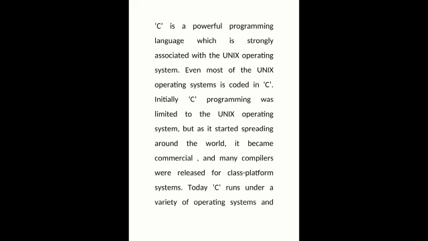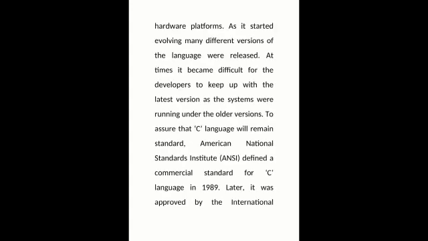Today C runs under a variety of operating systems. Nowadays, C runs under a variety of operating systems like Windows 7, Windows 10, Unix, Mac and so on, and on many hardware platforms.